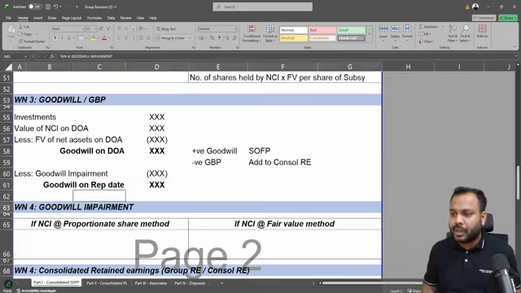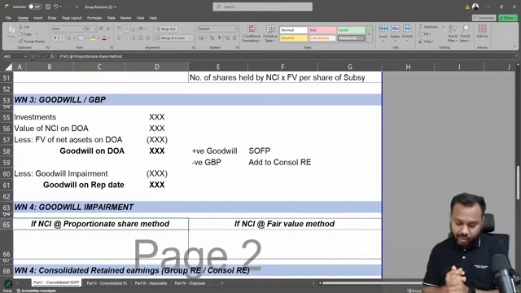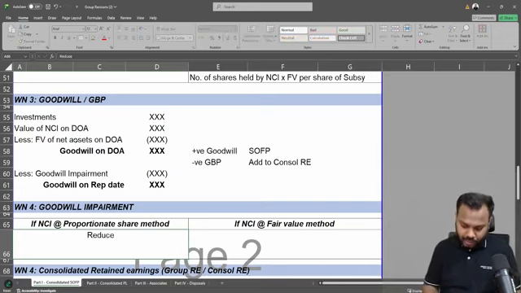Now comes the treatment of goodwill impairment. Since this is a question of consol SOFP, I'll talk from that perspective. If NCI is at proportionate share method, reduce goodwill, reduce consol RE. Simple.